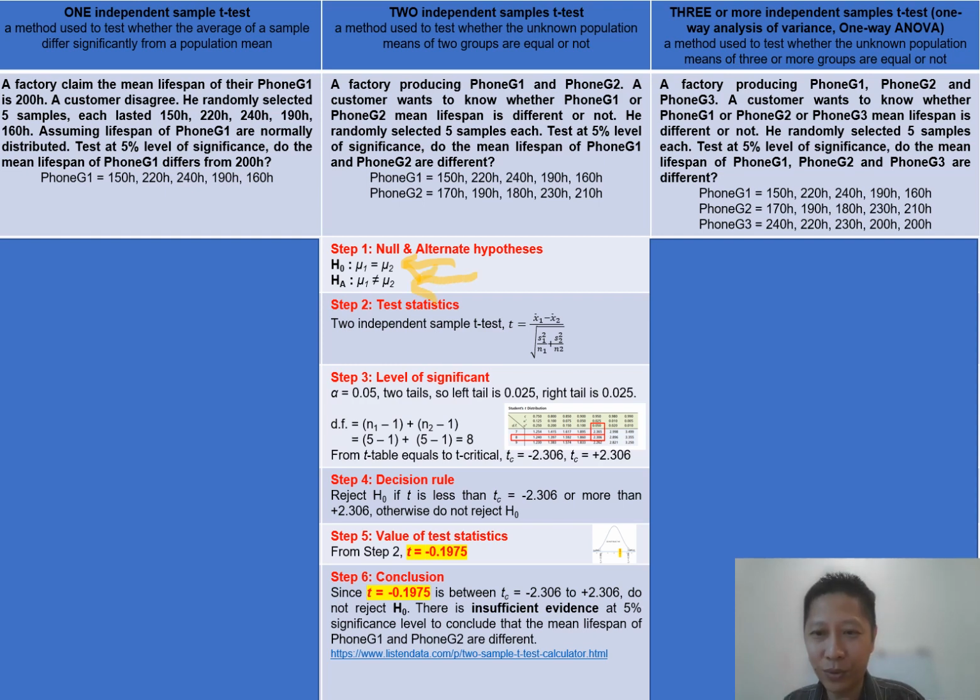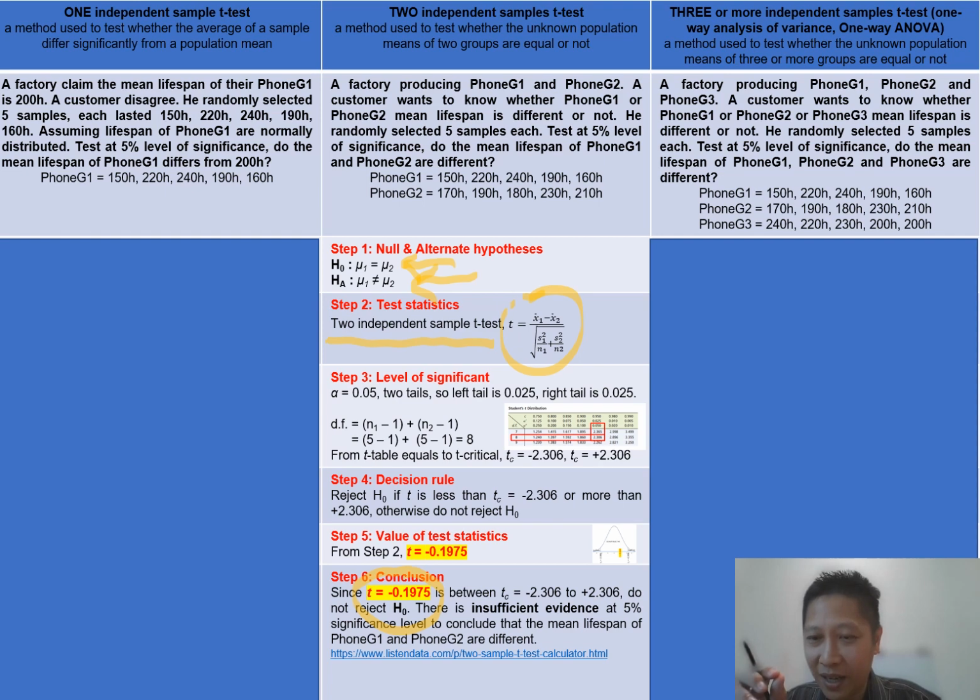What formula can we use? We can use the two independent sample t-test to do the comparison. This is the formula here. Then at the end, we plug in the mean of phone G1, mean of phone G2, the standard deviation of phone G1, standard deviation of phone G2, and the n, and also the n. So we get t equals negative 0.1975.